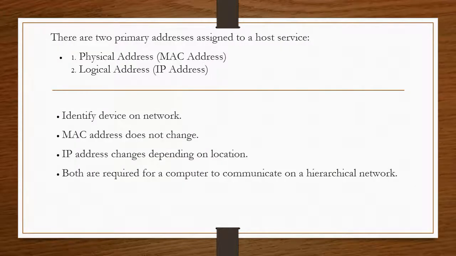There are two primary addresses assigned to a host device, the physical address and the logical address. Both the MAC address and IP address work together to identify a device on the network. The MAC address in the host does not change. It is physically assigned to the host's NIC and is known as the physical address. This means that it remains the same regardless of where the host is placed.